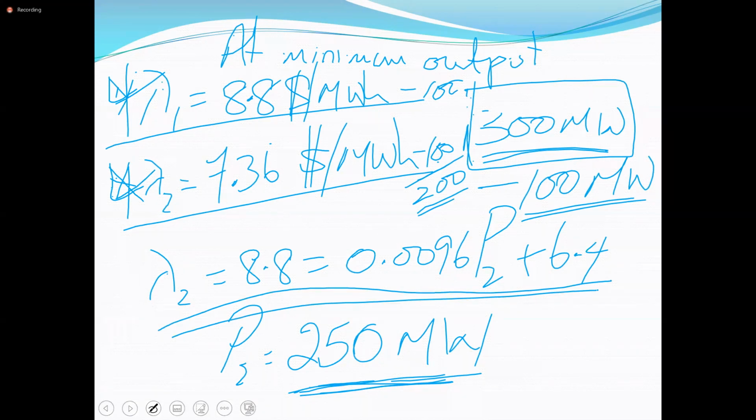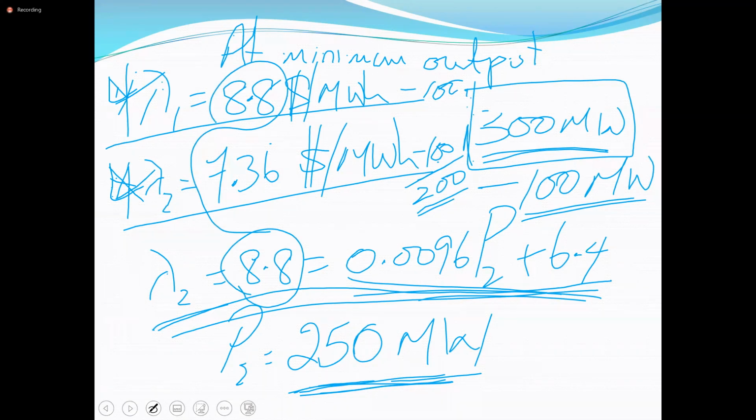What we have done here in doing this test is to see what would be the output of unit 2 for it to get to an efficiency of $8.80. Remember this equation? This equation is for unit 2, but this 880 is for unit 1. I see that, sir.